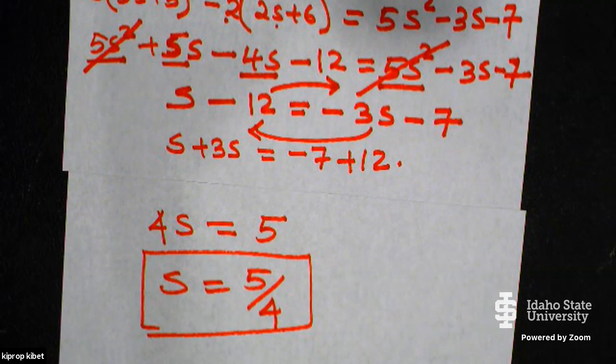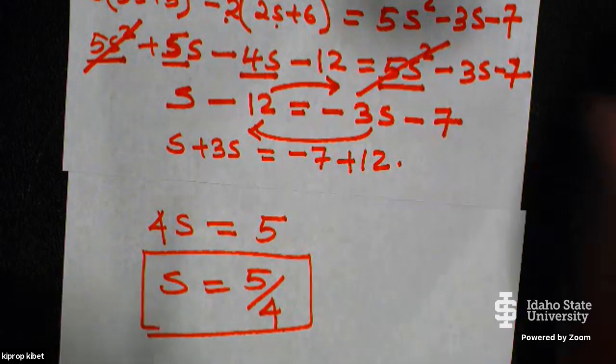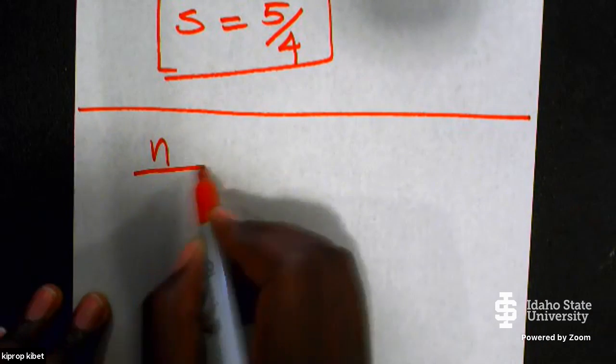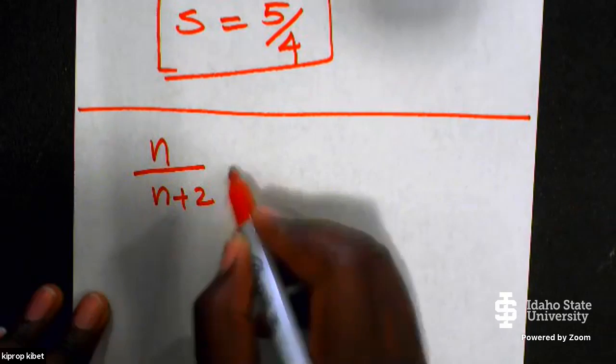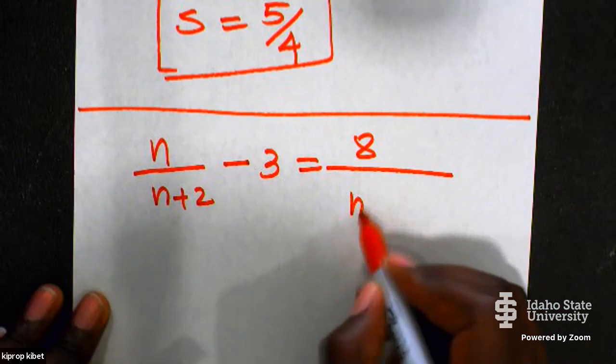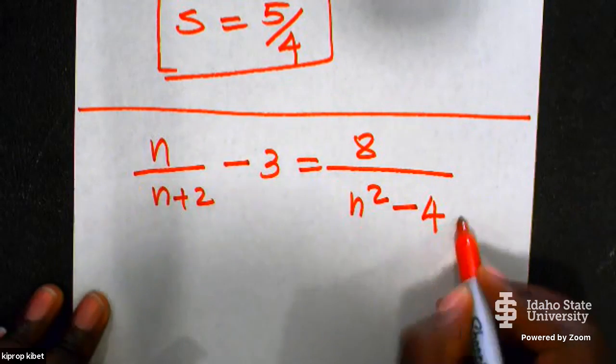So we have another example here. We have n all over n plus 2 minus 3 equals to 8 all over n squared minus 4.